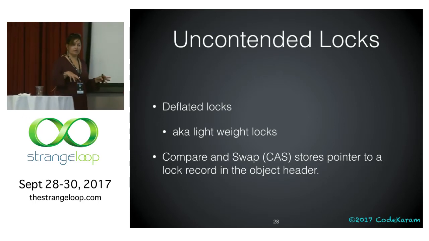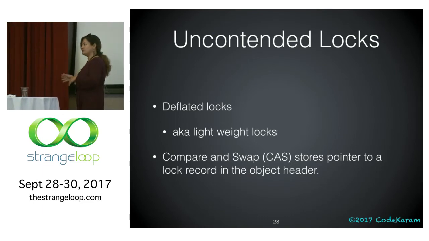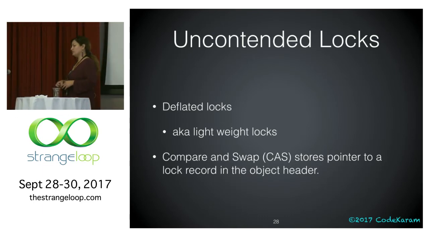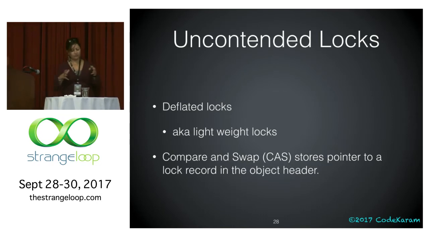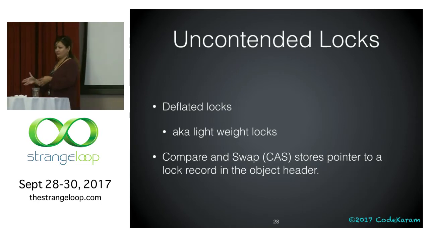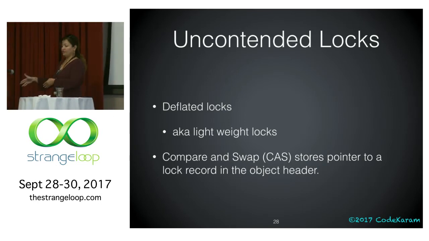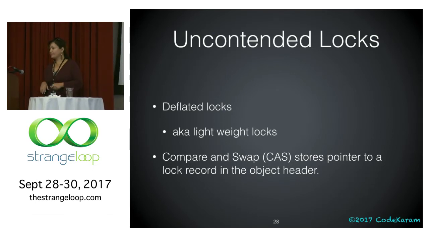Every Java object has a header and a body, and I'll talk more about that when I go into details about compressed OOPs. What we achieve by this is saying this is a locked object, and here is where you'll find more information on it. So it's basically a pointer.